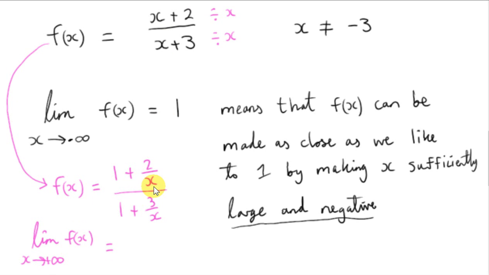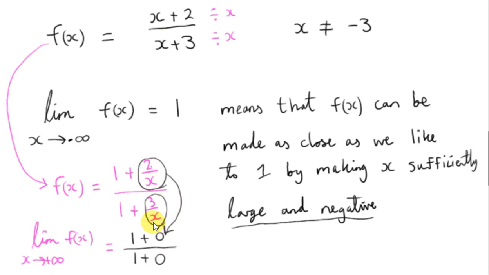Well, what's going to happen? As x goes off to infinity, what's going to happen to 2 divided by x? Well, we know that if the denominator of a fraction gets bigger and bigger, then the entire fraction is going to get smaller. It's going to go towards 0. We can make 2 over x as close as we like to 0 by making x sufficiently large.